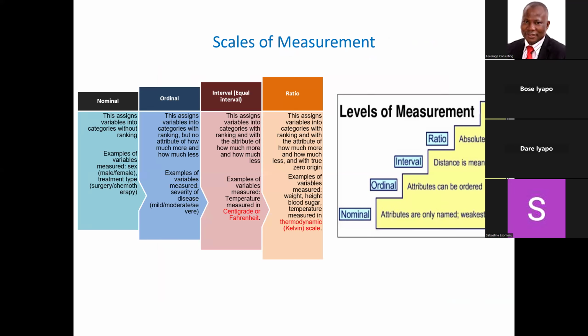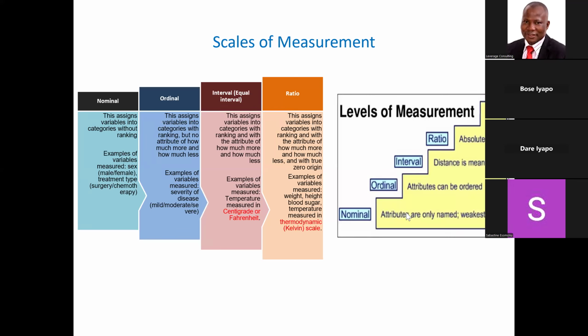The only ones that are not are centigrade and Fahrenheit; they are interval because they don't have a true zero origin. But weight, blood sugar, and temperature in Kelvin, which is the thermodynamic scale, all have a true zero origin. If the attribute is not there, it will read zero. If it reads zero, it means the attribute is not there.